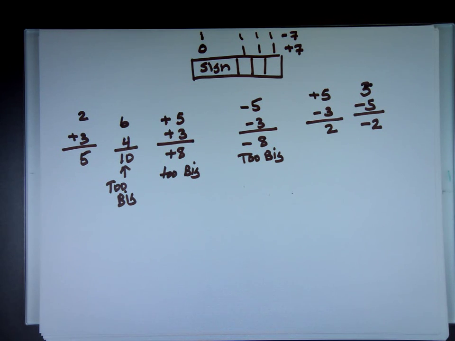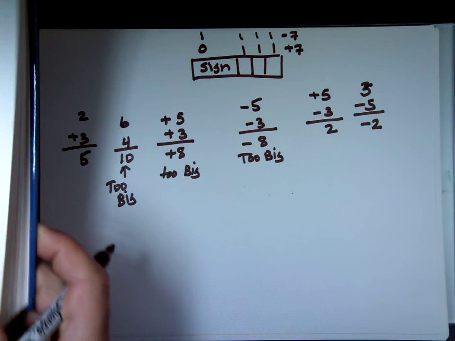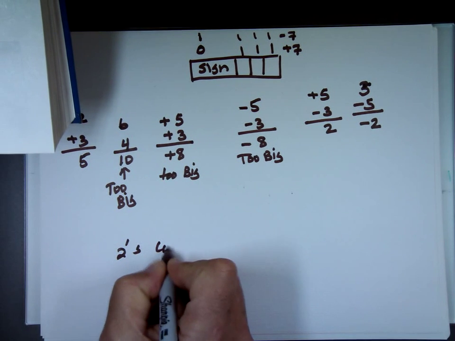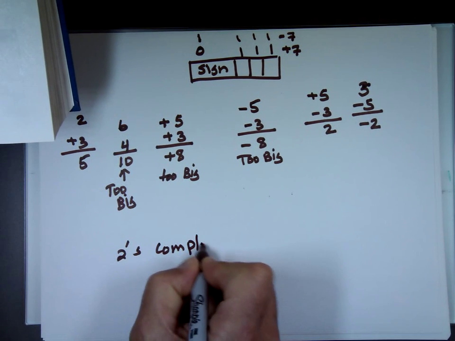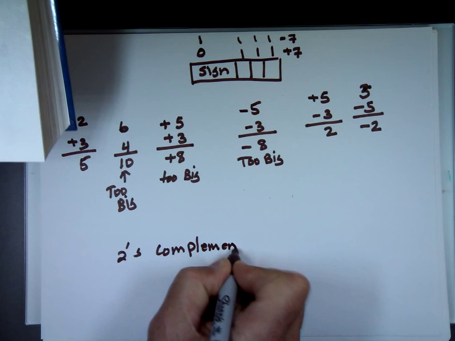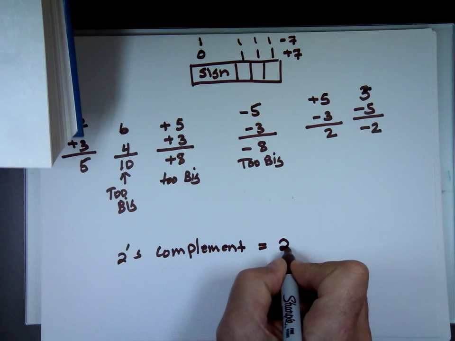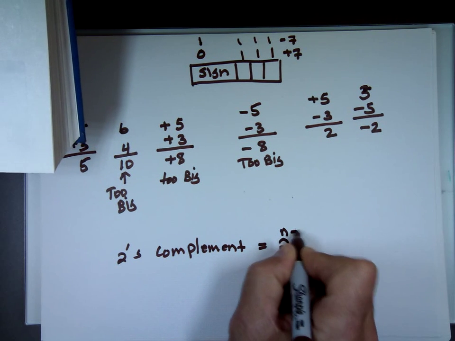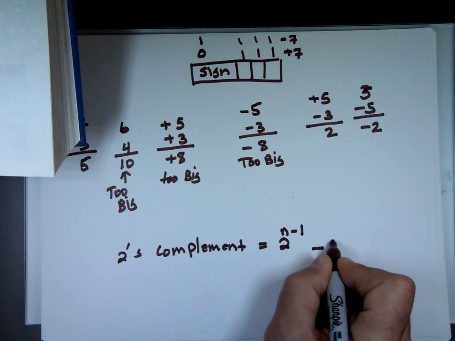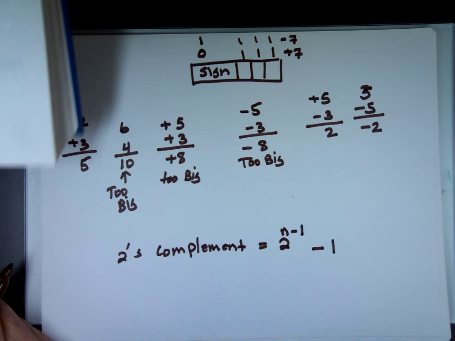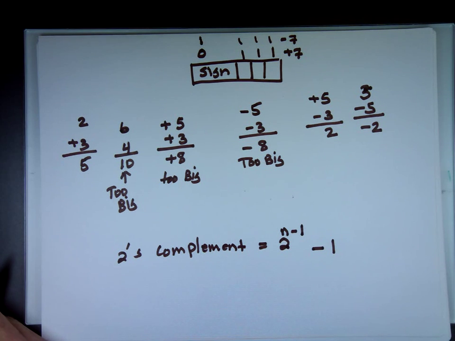There's an equation for how to find the 2's complement. And it says the 2's complement, to find it, which I never do it that way, can be found by 2 to the power of n minus the number. What does that mean?